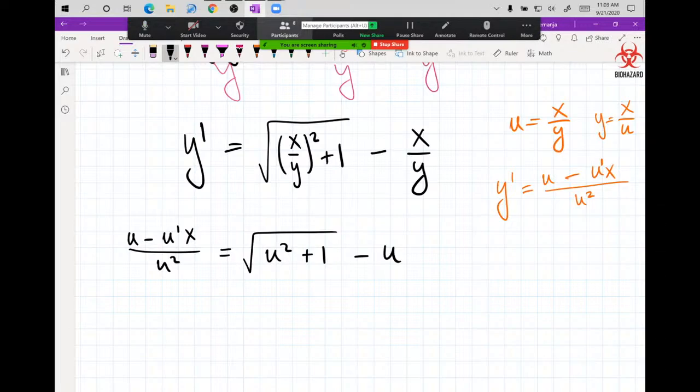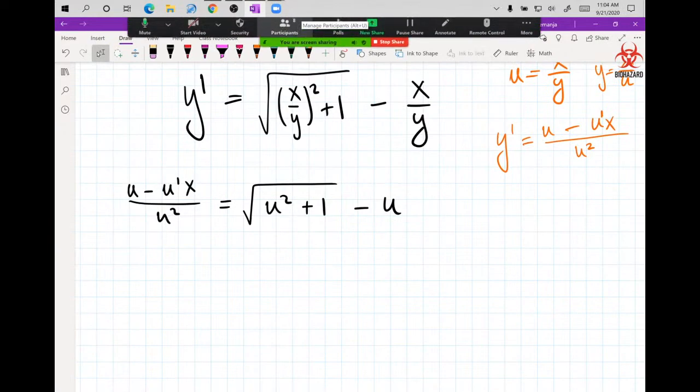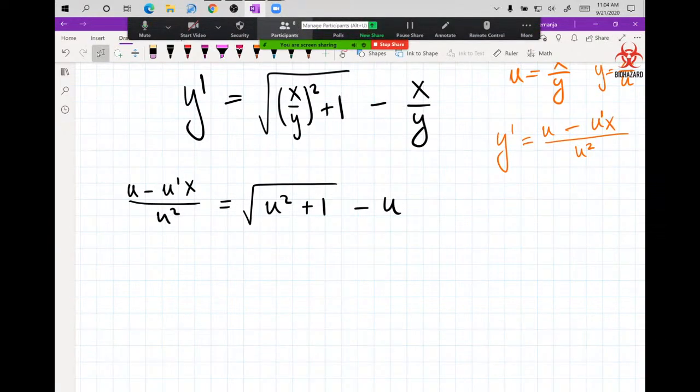Let's see, I have that x there. Okay, that's all right. We're going to try and see if we can somehow simplify this to the point where we can just use separation of variables and go from there. Probably I'm going to multiply both sides by u squared.